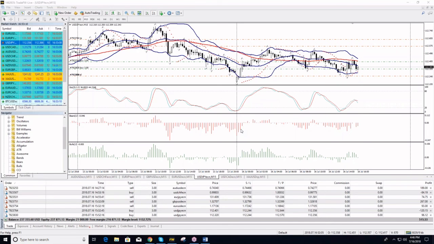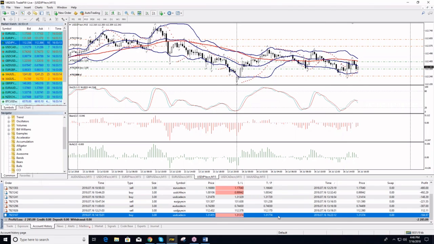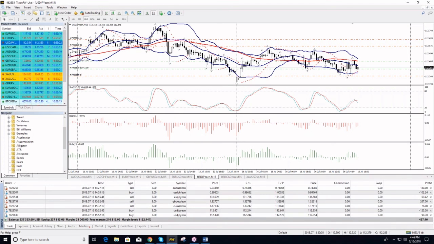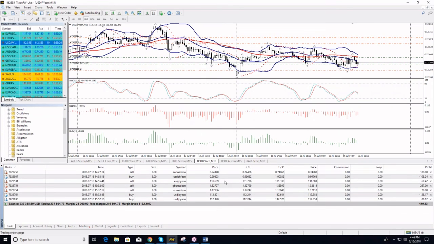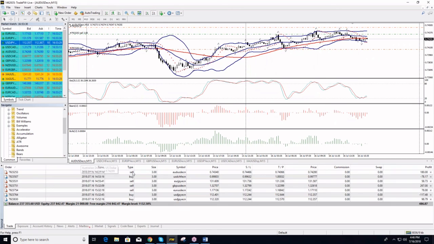Okay, basically we have closed the dollar CAD position with a small loss of $185, raising our daily losses to approximately minus $2,300. And we are left with these open positions. Let's go around and see how they are doing, guys. We are short Aussie dollar, slightly below our entry level.